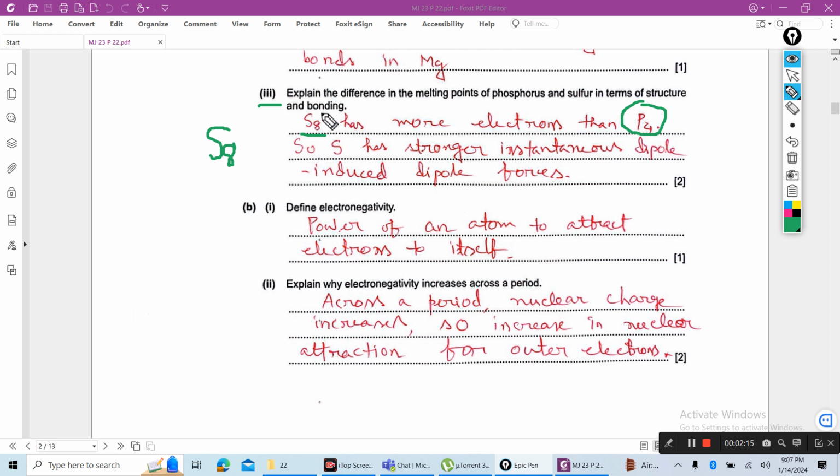So sulfur has more electrons. That's why sulfur has stronger induced dipole forces, ID-ID forces, because S8 has more electrons. So more induced dipole forces.